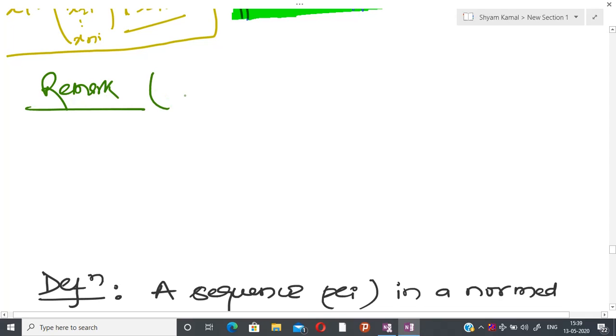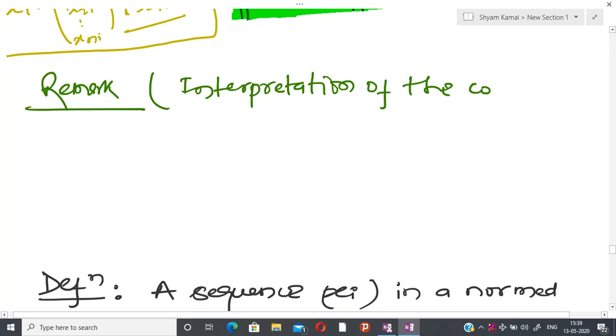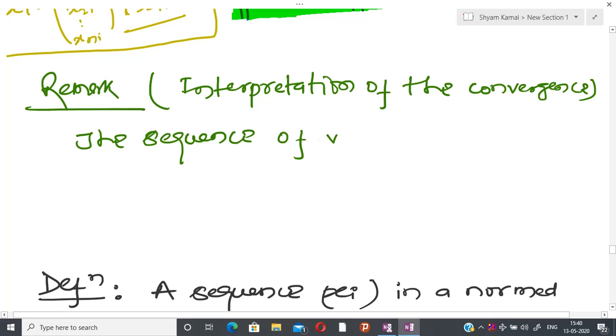an interpretation remark. We are talking about the interpretation of convergence, and I have many interpretations, so at least I will talk about two different interpretations. So the sequence, and this is a sequence of vectors denoted by xi.